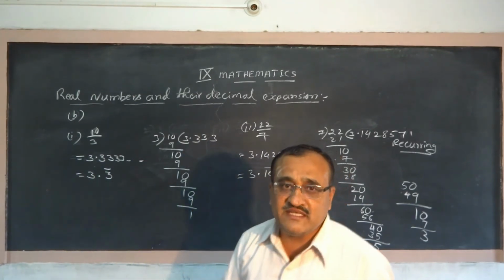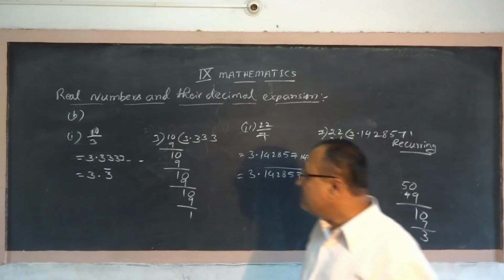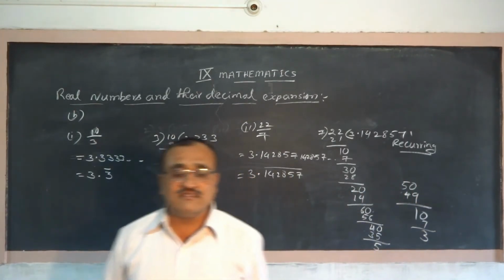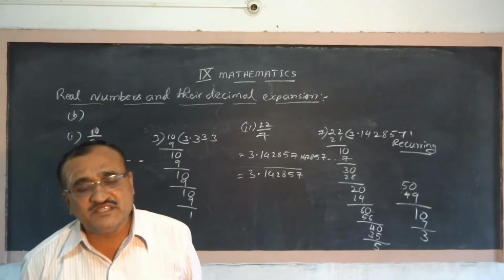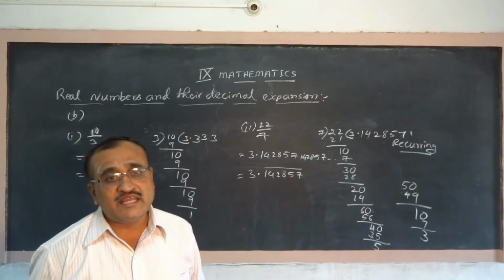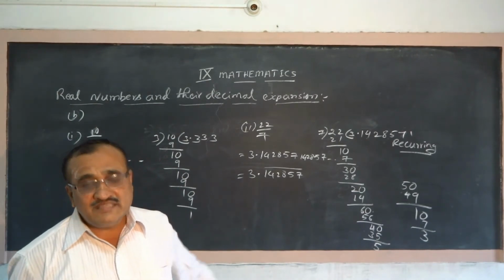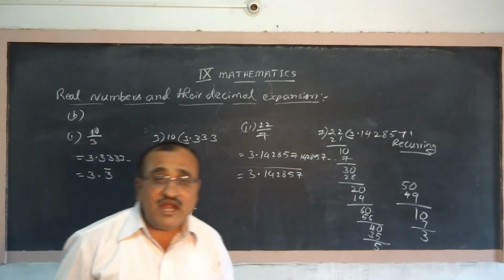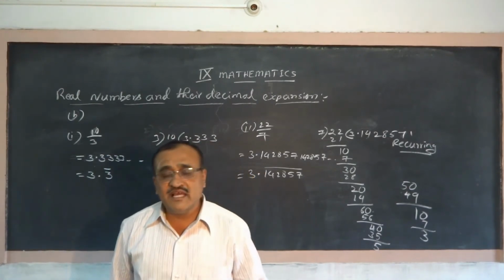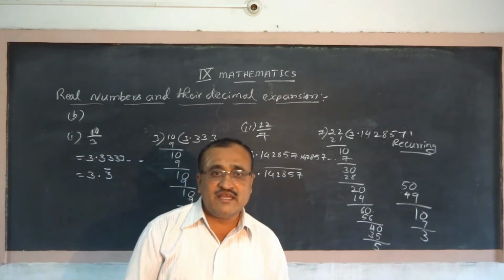This type of decimal expansion we call recurring decimals. These are non-terminating recurring decimals.